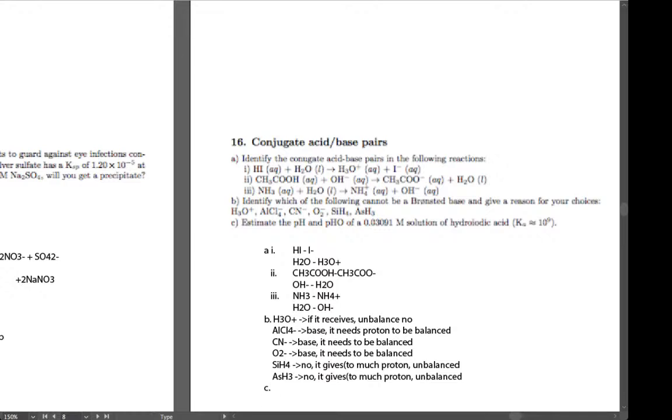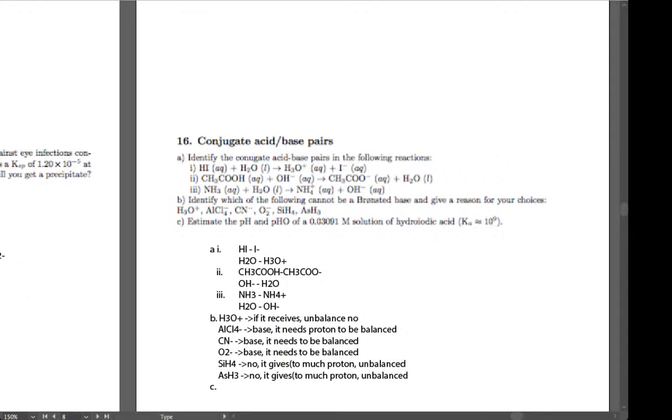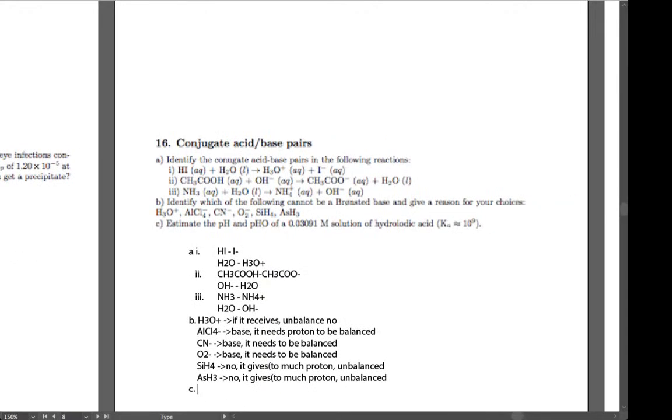C. Estimate the pH and pOH of 0.03091 molar hydroiodic acid. Hydroiodic, I believe that's HI. The Ka here is 10 to the power of 9, so we can basically ignore the equilibrium because it's too big.